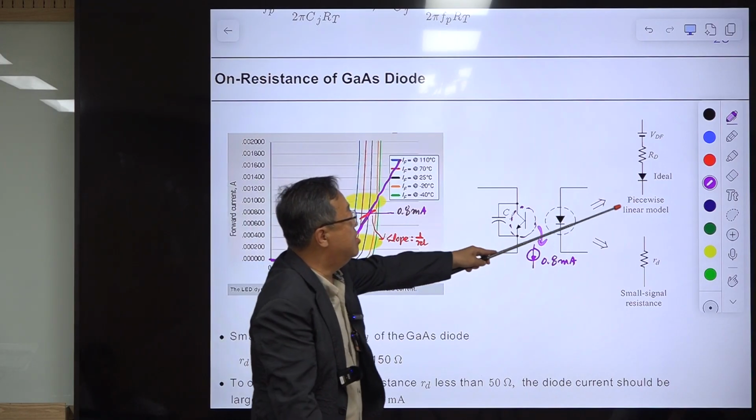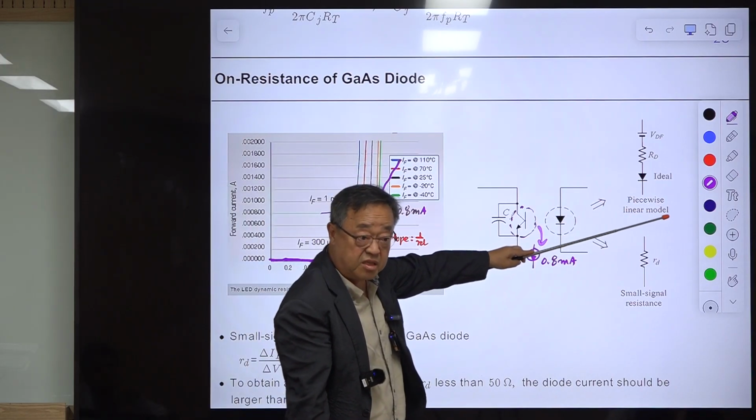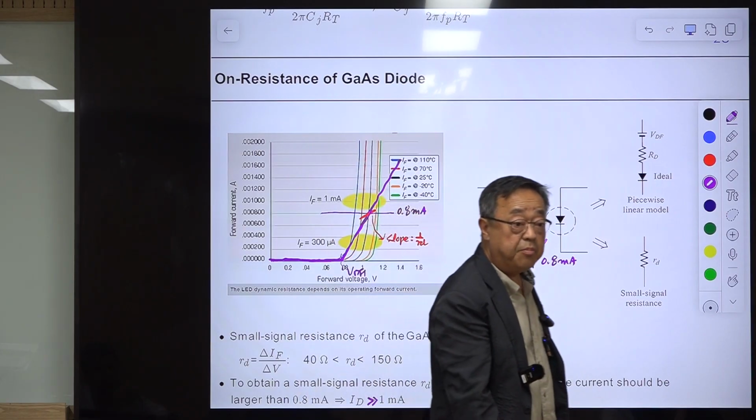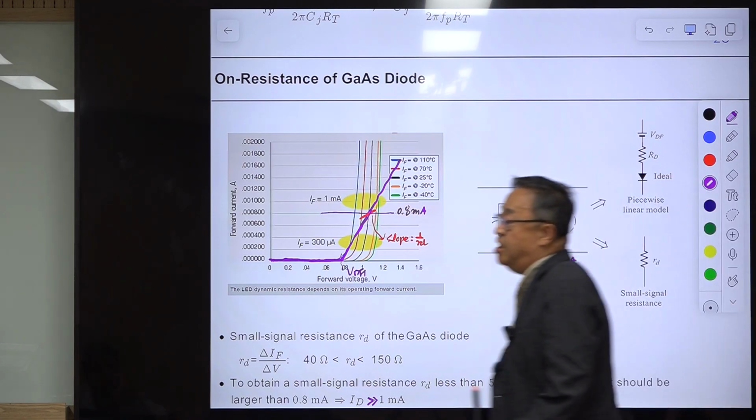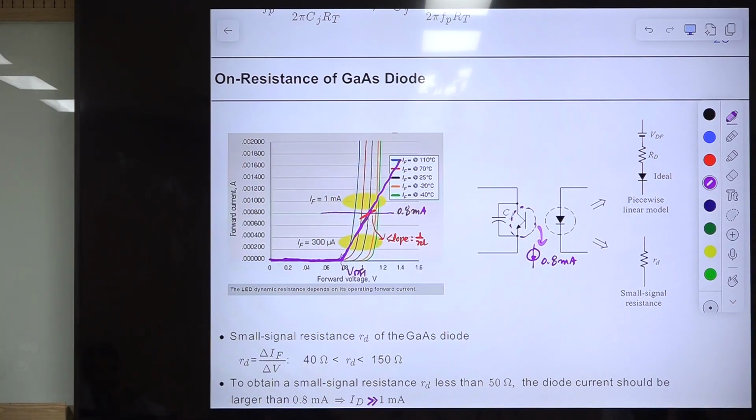But this is the piecewise linear model. This is the DC model. But what you are really interested in is the AC model. The AC model is just the slope of this curve.